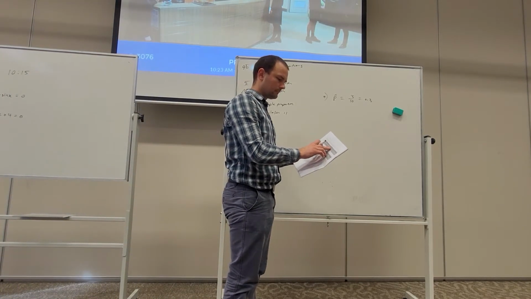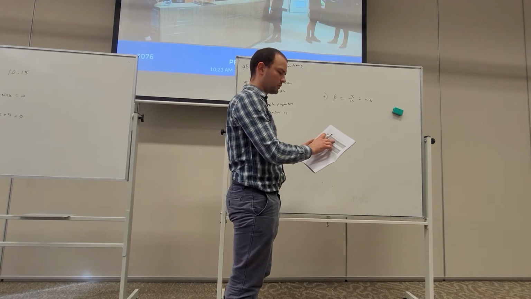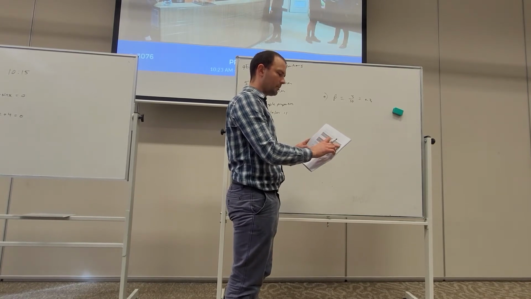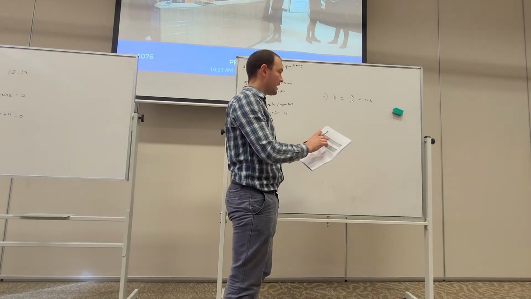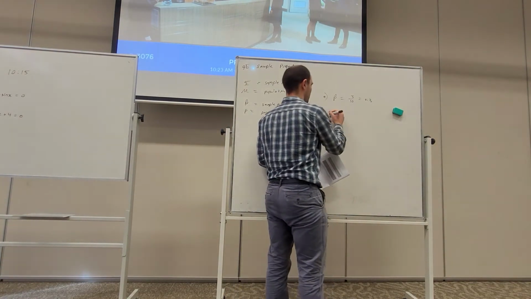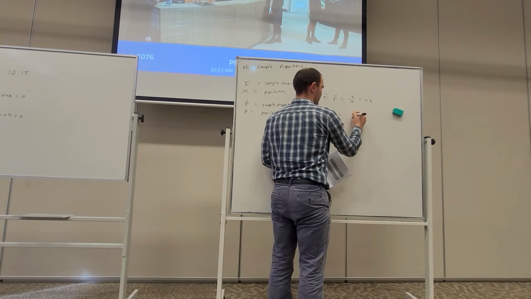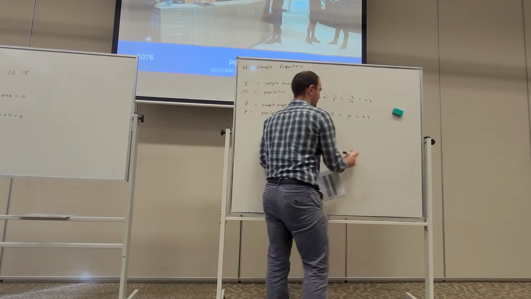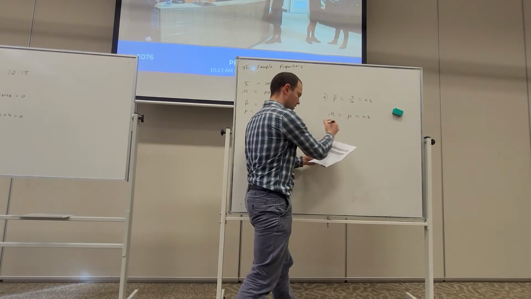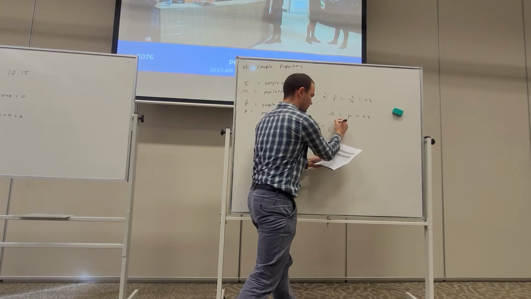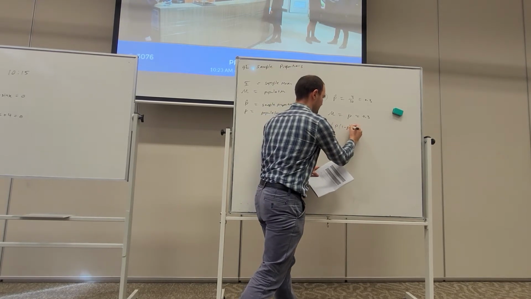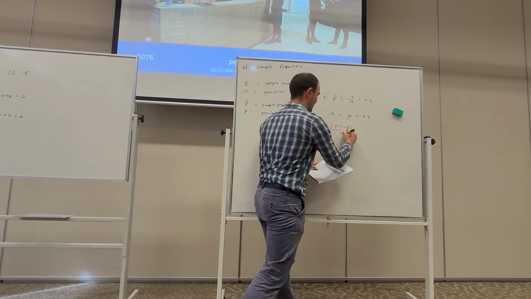Given a population proportion P and sample size n, the sample proportion has mean P and standard deviation. So the mean of this is P, which is 0.3, and the standard deviation is the square root of P times 1 take P on n.